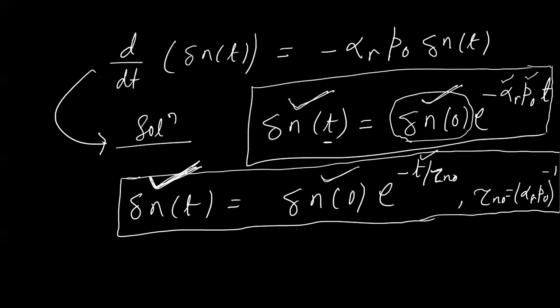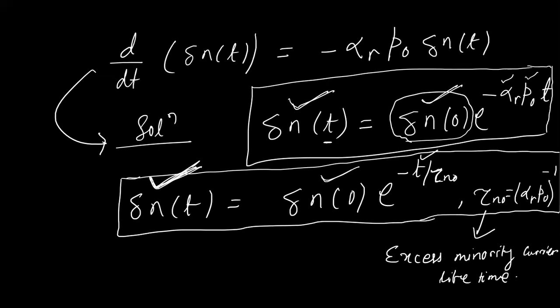And what is this tau n0, which we wrote as alpha r p0 inverse? We can say this is the excess minority carrier lifetime.